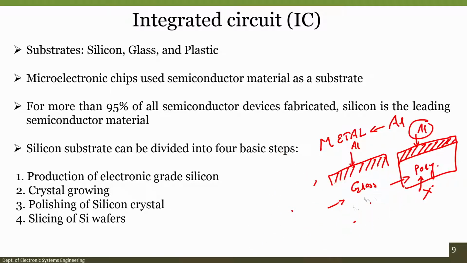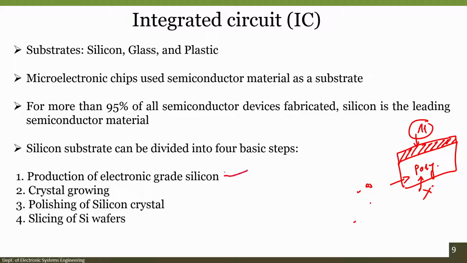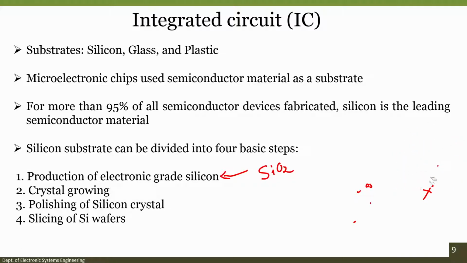The first step is production of electronic grade material, that is, production of electronic grade silicon. Silicon is produced from silicon dioxide. Now, what is silicon dioxide? Silicon dioxide is sand, right, it is sand.